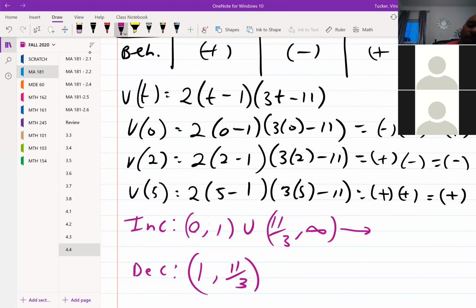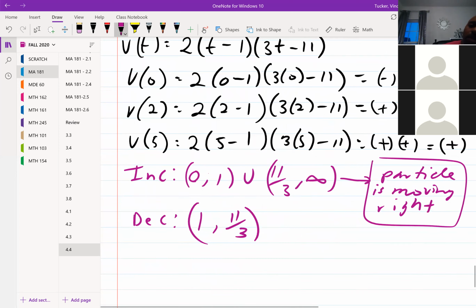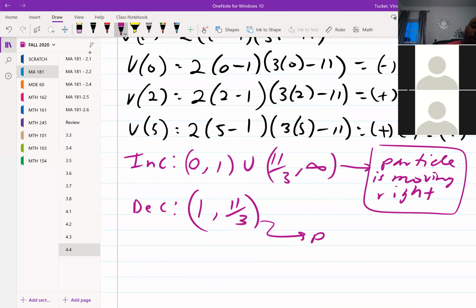So that means the particle is moving right here, and in here, the particle is moving left.